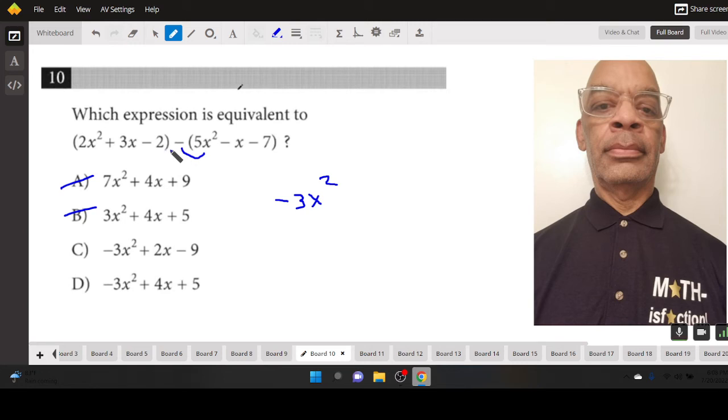Eliminates a and b. 3x plus x will be 4x. When that negative sign is distributed there. Automatically, this is the answer. Some people choose to continue. Now you have negative 2. We distribute that negative sign. Plus 7. It's going to be a plus 5. Confirming D. Taking more time, but confirming D.